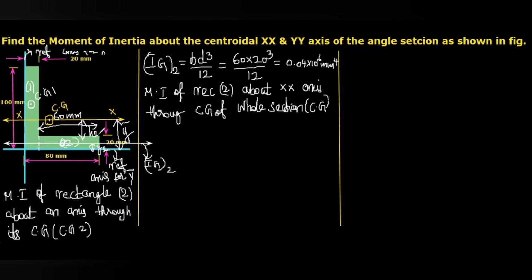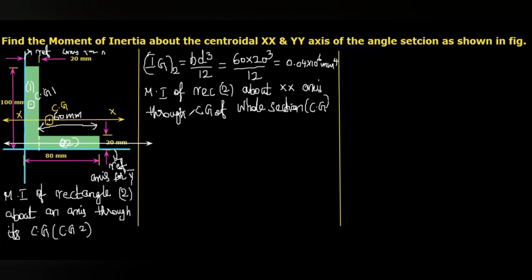That is h2. Here h2 is y bar minus y2. Okay, to avoid the confusion, I just erase all these lines. Okay, here I hope you understand this value, that is h2, that is the difference between y bar and y2.